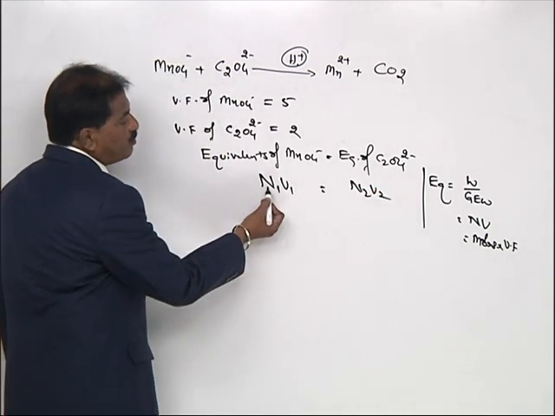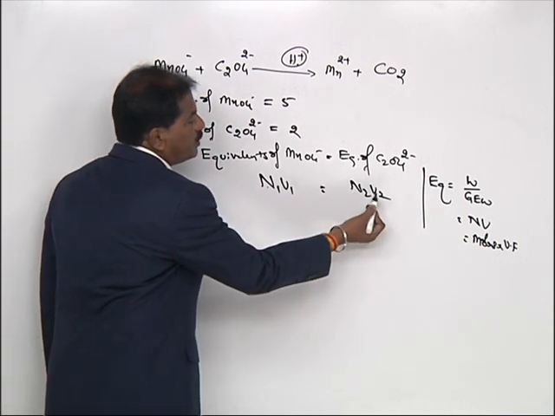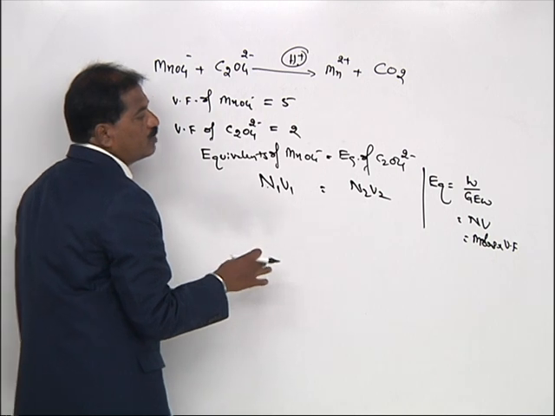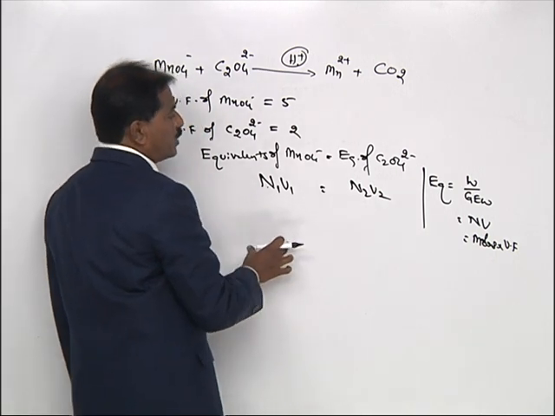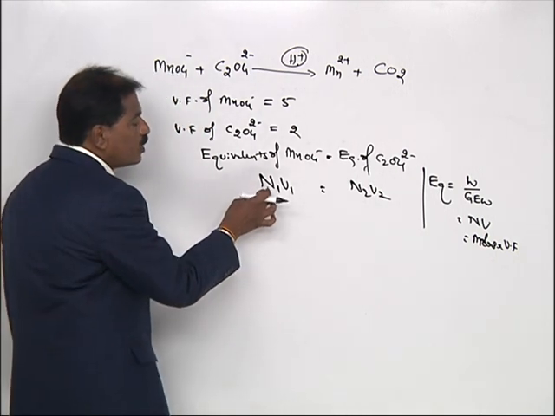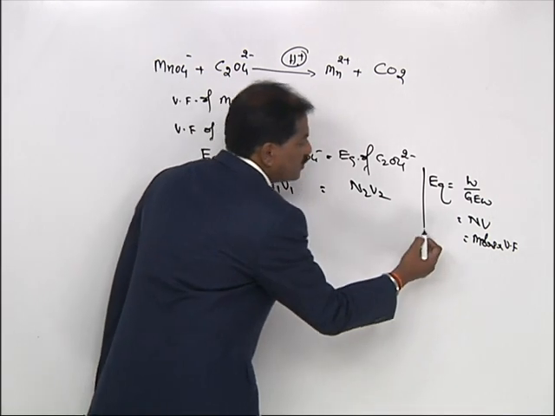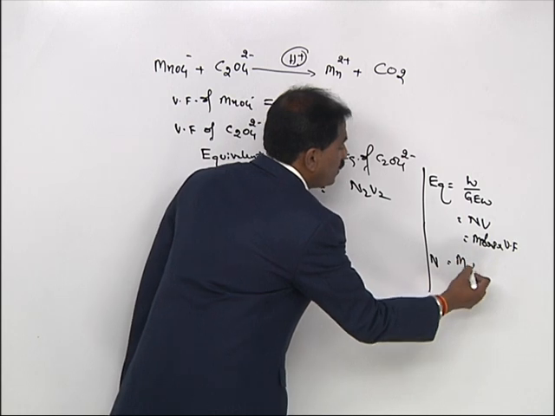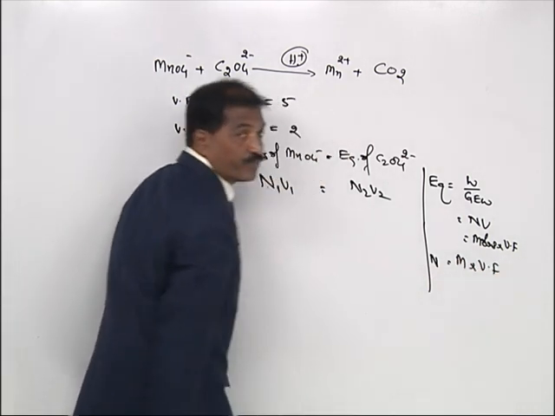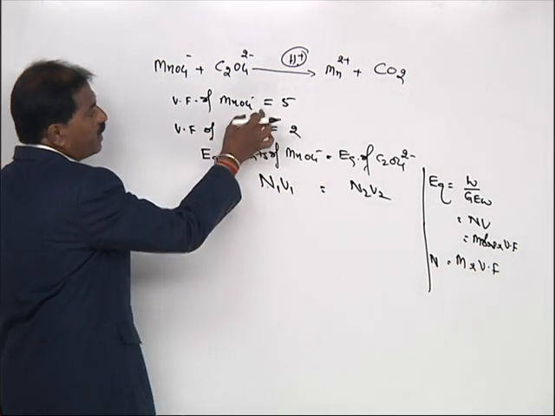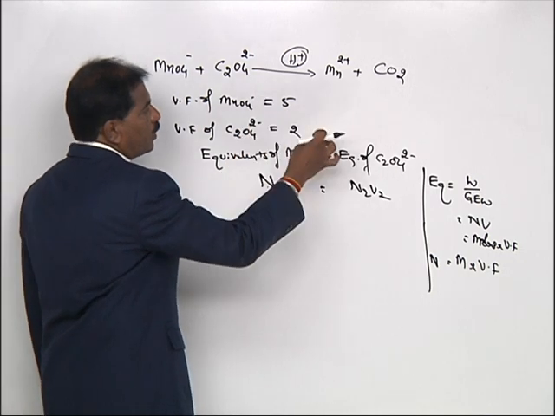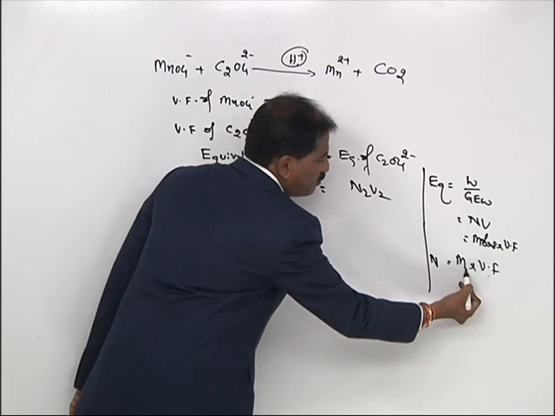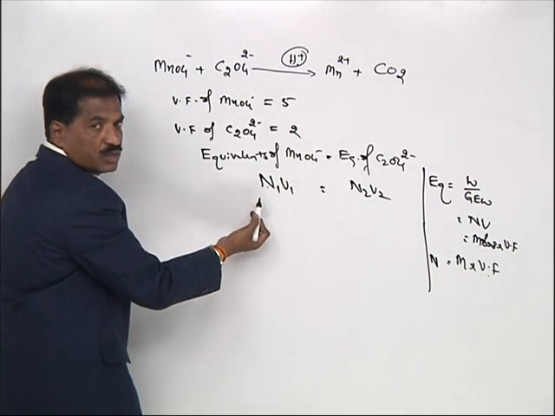For example, if the reaction takes place in solution, equivalence of KMnO4 is equal to equivalence of the oxalate, using normality and volume. So in the numericals, if they give the molarity, you try to convert that molarity into normality by using this relation: normality is equal to molarity into valency factor. If you remember the valency factor and the molarity of the reacting species is given, we can easily convert into normality.